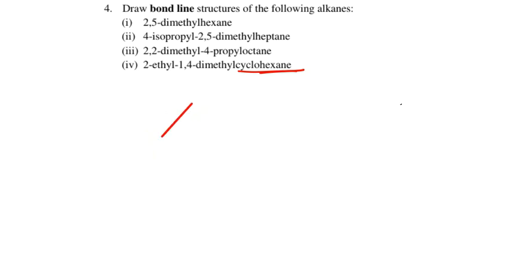It should be 7-sided. So 1, 2, 3, 4, 5, 6, 7. So that's the cycloalkane in itself without adding anything.